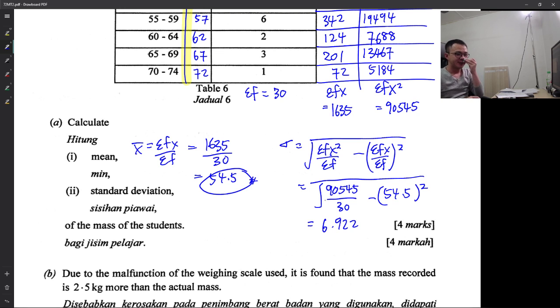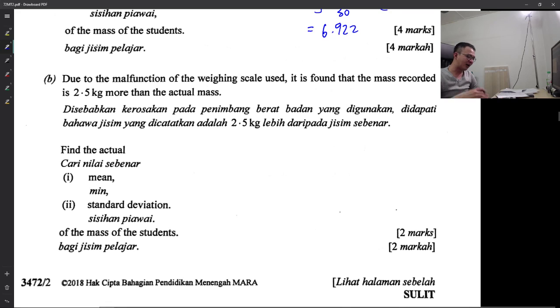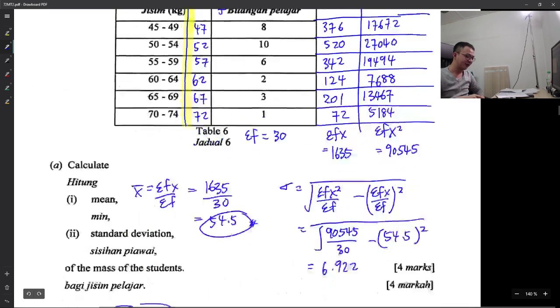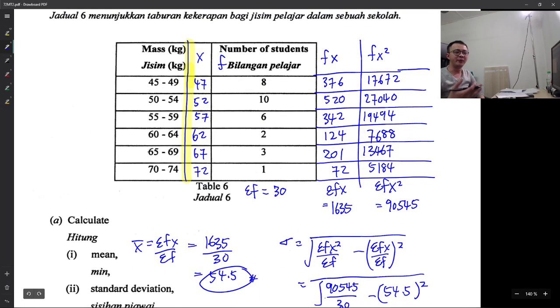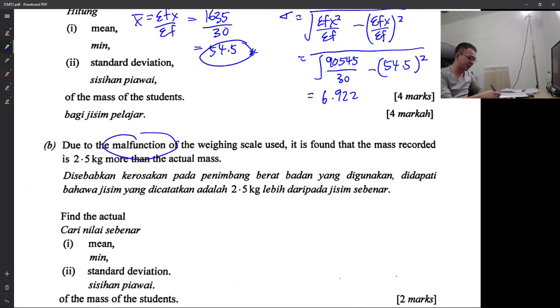Alright, so okay. Due to the malfunction of the weight scale used, it's found that the mass recorded is 2.5 kg more than the actual mass. So now I have a malfunction. That means all the weights above here you need to minus 2.5, because actually it gives you 2.5 more, right?